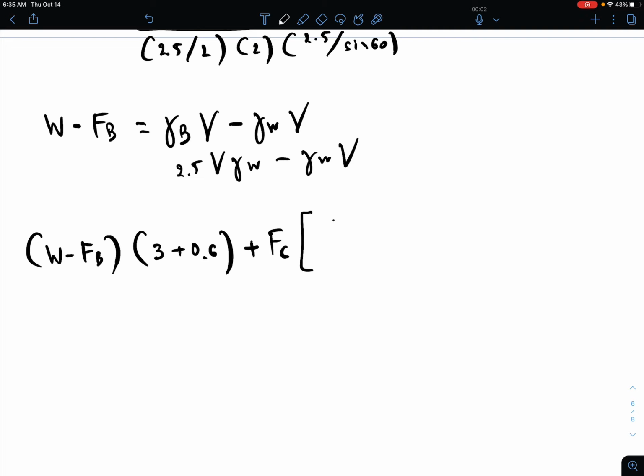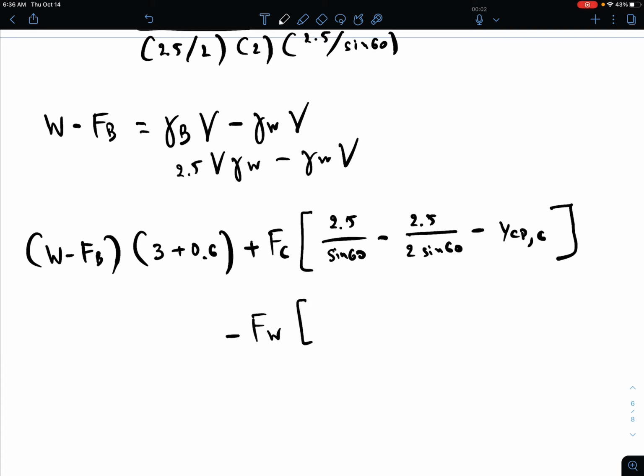And remember there we have the 2.5 over sine 60 minus half of that to take us all the way to the center of gravity, minus the center of pressure. Because the center of pressure's origin is the center of gravity on the gate. And then minus the pressure force of water, and similarly we have sine 60 minus 3 over 2 sine 60 minus yCp water, and that's equal to 0.